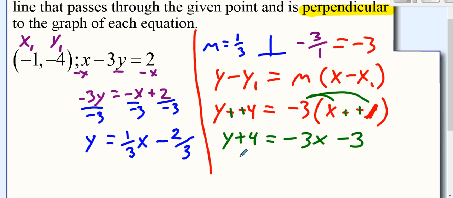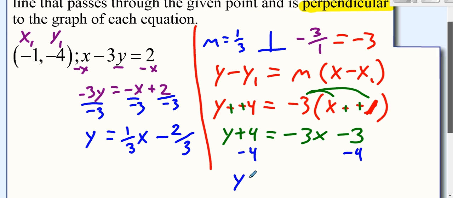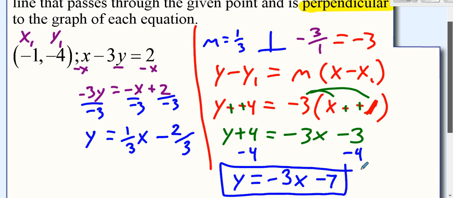And finish it off by subtracting 4 to get y by itself. Negative 3 minus 4 is negative 7. So there's our perpendicular equation that passes through negative 1, negative 4. y equals negative 3x minus 7.